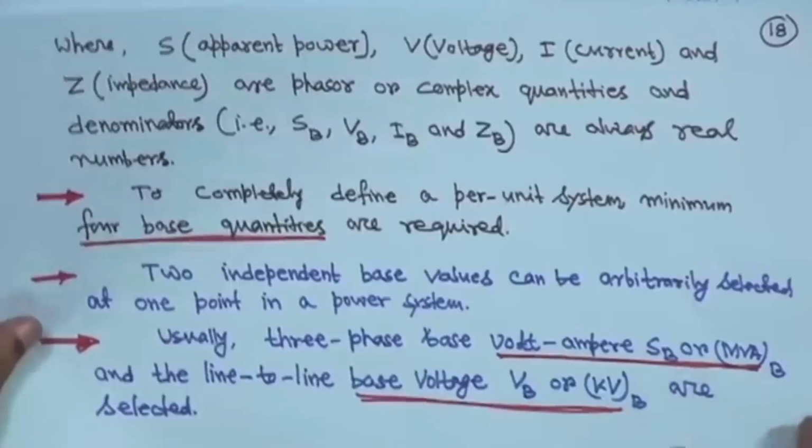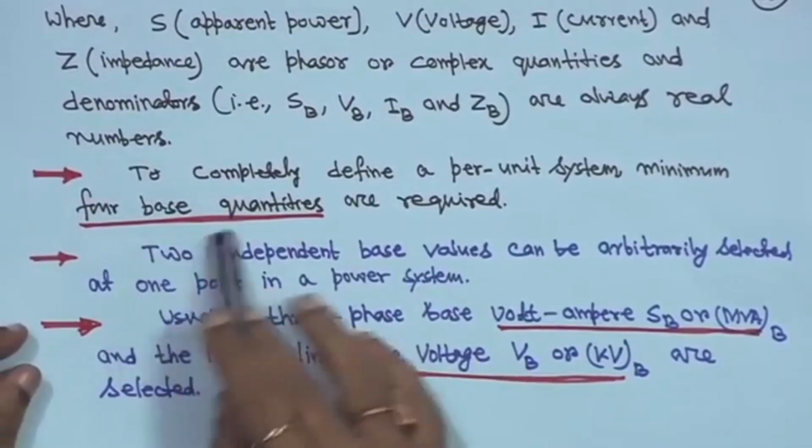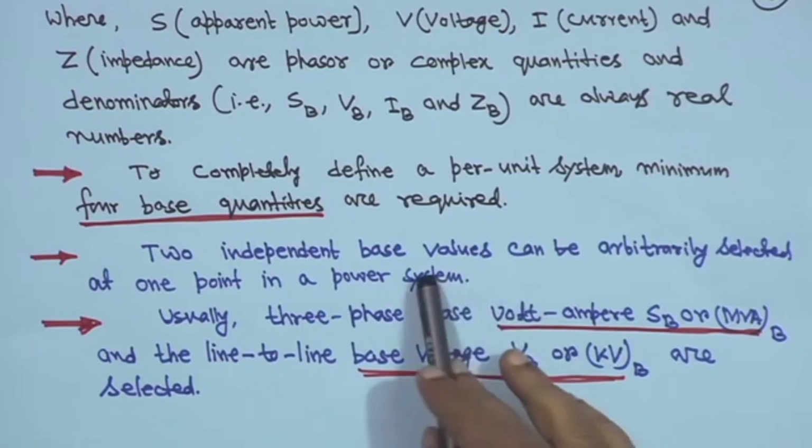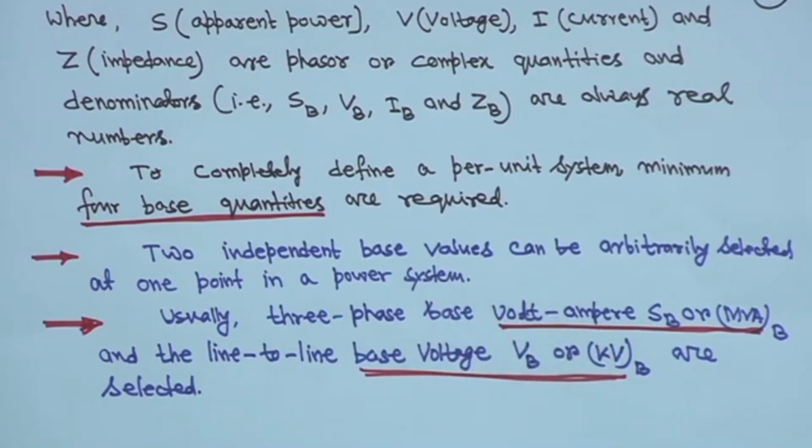To completely define a per unit system, a minimum of 4 base quantities are required, that is voltage, current, impedance and power, right. Therefore, 2 independent base values can be arbitrarily selected at one point in a power system. At least you have to choose 2 base values. Generally, we choose base volt ampere and base voltage, these 2 generally we choose, right.